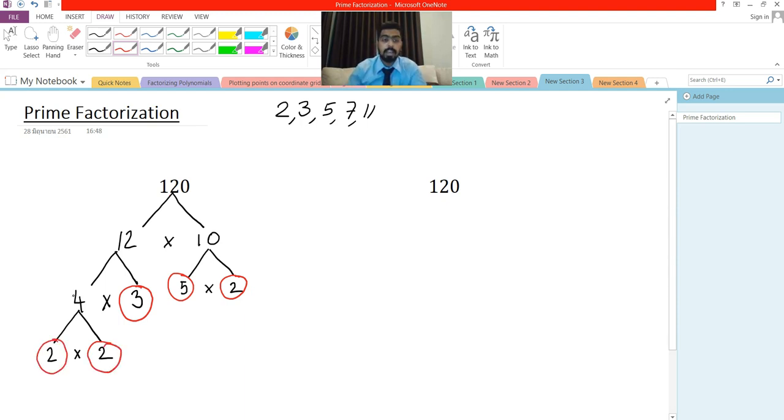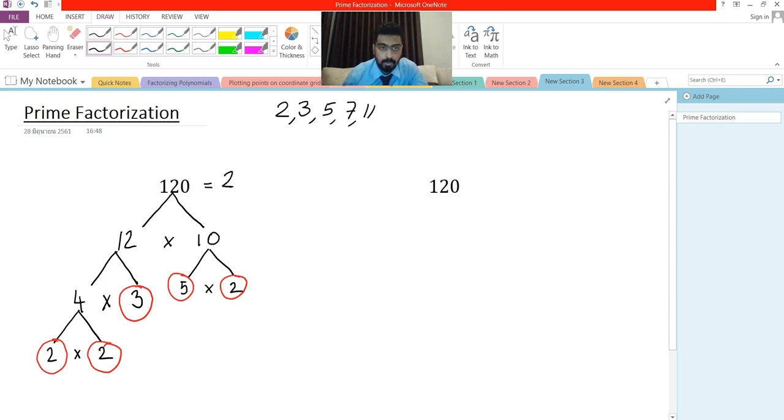Now if you take a look at this, all of the numbers have been pulled down and all of them have been circled. That means we cannot go any further, and now we can write the final answer. All of the numbers are prime and we are going to write it as a product of 5 numbers, going from bottom to top.